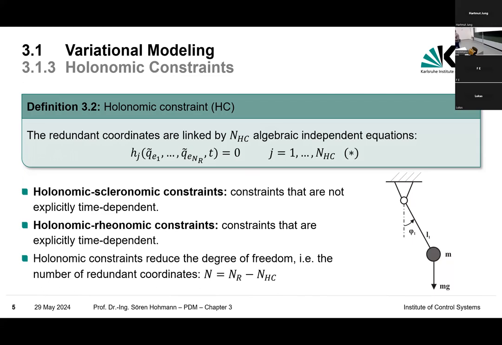You can also say the different description is, well, we know that if I take a point mass, it can move in x and y direction, and I constrain the directions in that sense that it just rotates on a circle, or if you have a three-dimensional pendulum, it rotates on a ball. And to constrain it, it has to rotate on a circle. It's like, okay, there's a constraint.